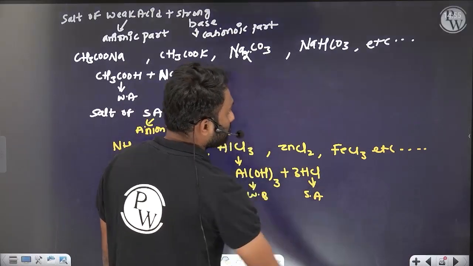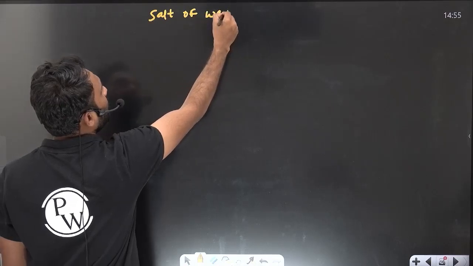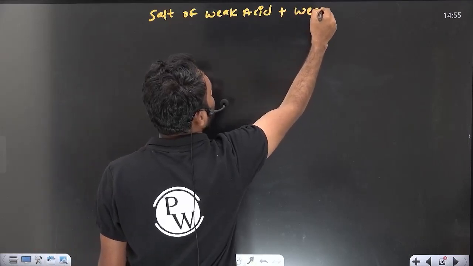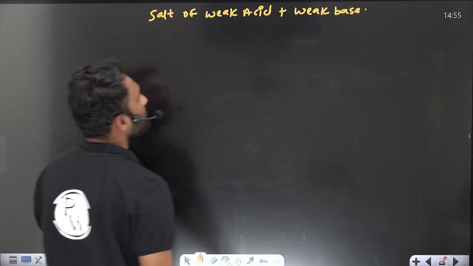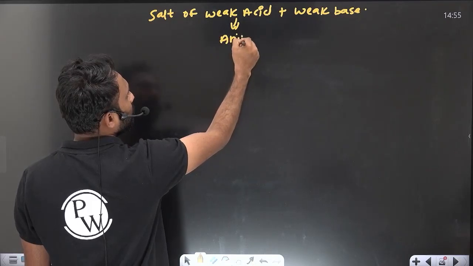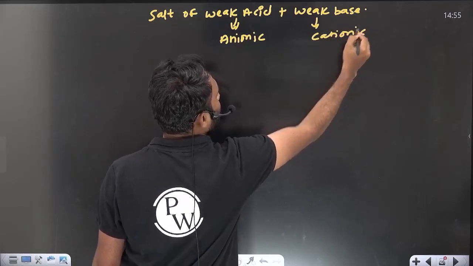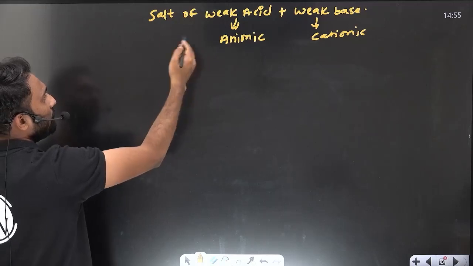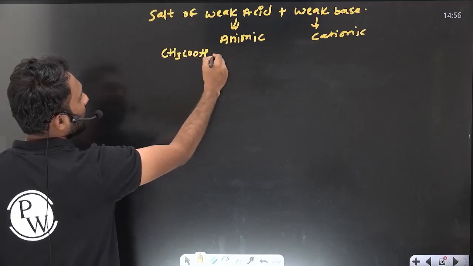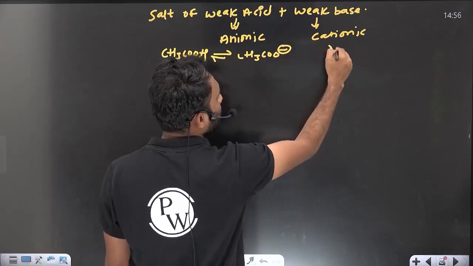Next, salt of weak acid plus weak base. Weak acid versus weak base means, look here, weak acid means the anionic part should be there, and base means the cationic part. What is the weak acid's anionic part? CH3COOH is acetic acid, and the anion part of acetic acid is the acetate ion. Now the weak base, this is ammonium hydroxide.